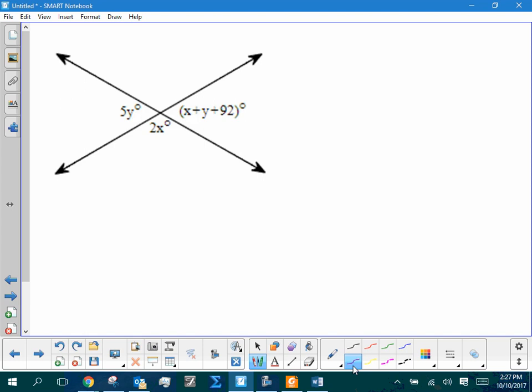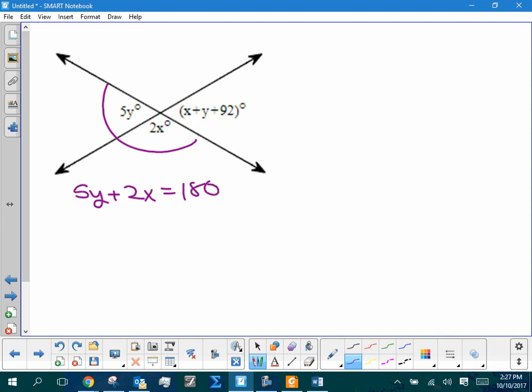This problem here, when you come across geometry, hopefully you recognize the relationships. Okay? What can you tell me about those two things? Okay, I'm going to say 5y plus 2x equals 180, right?